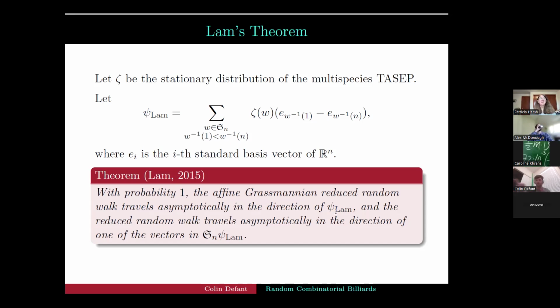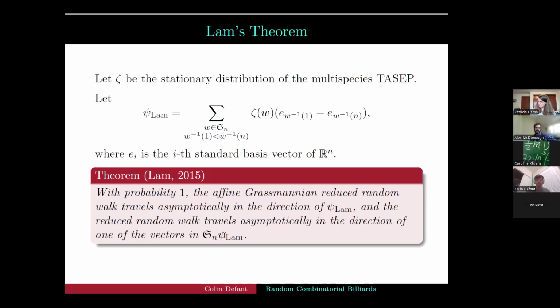So this vector is pointing in some direction, and the affine Grassmannian reduced random walk has to go in that direction. And also, if you run the reduced random walk, that's the original version that's on the entire space V, not just the fundamental chamber, well, in this case, you have to go asymptotically in the direction of one of the vectors in S_n psi_Lam, where this is just the orbit of psi_Lam under the action of S_n.